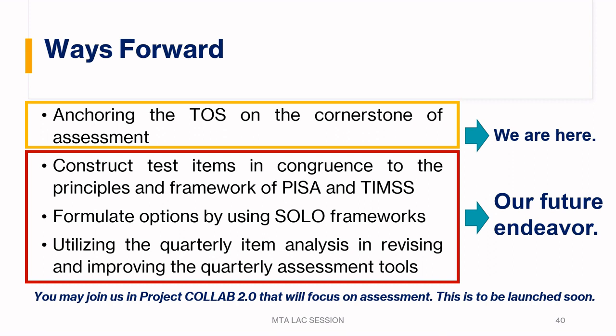Now it will be on assessment. Originally, I planned to launch this project last November, but an unexpected event happened, so I was not able to do it. Now I am planning to start this project in the second semester, so that will be in February.